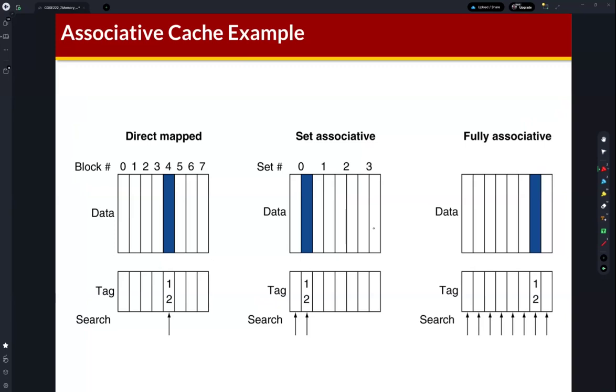In the direct mapped cache, the number of bits in the index field is log2 of the number of blocks. In this case, the number of blocks is 8, so the number of bits for the cache index is 3.